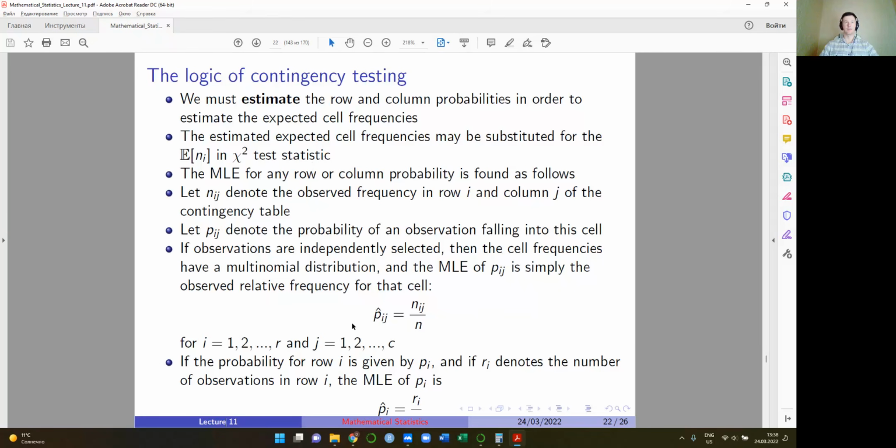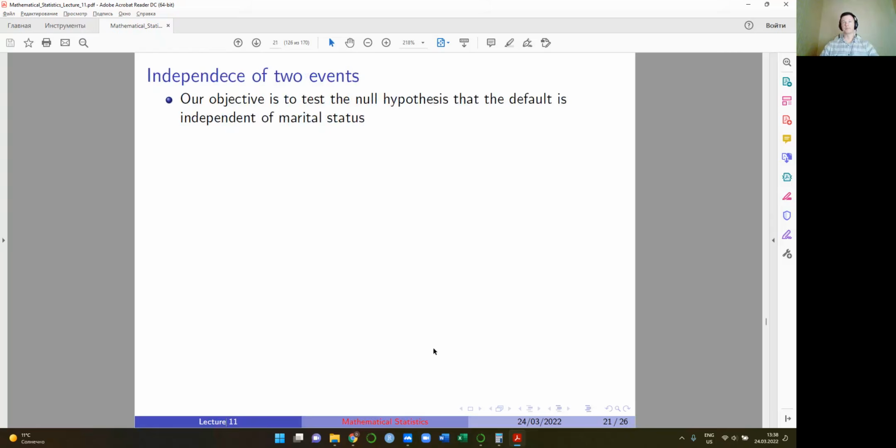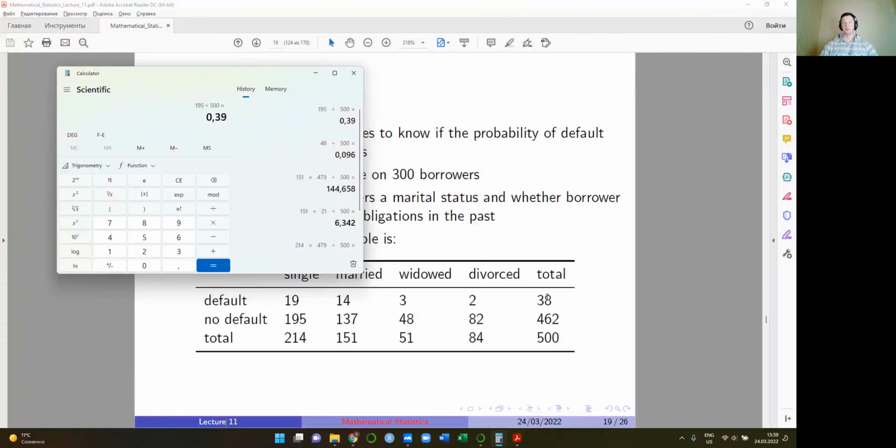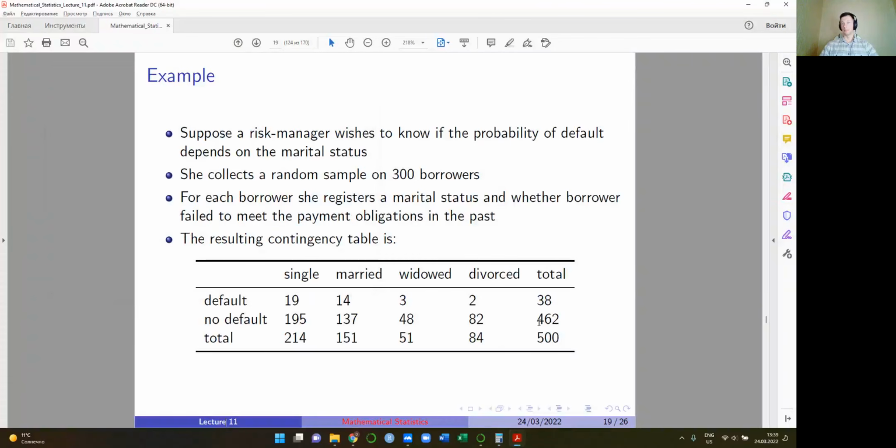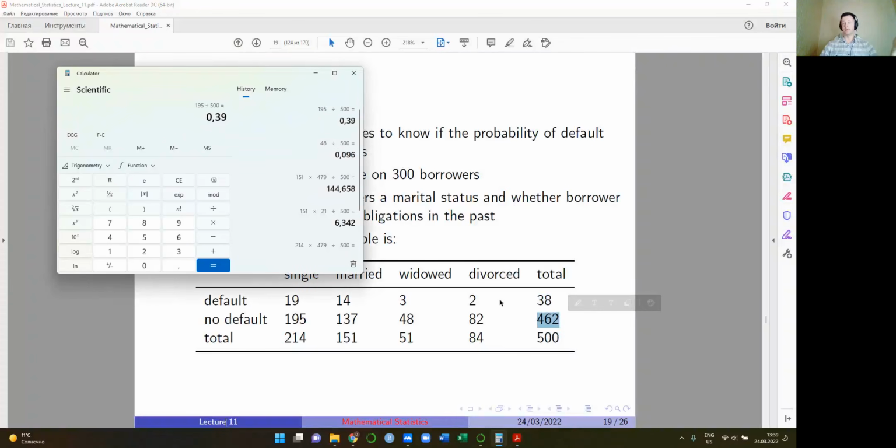If the probability for row i is given by Pi, so it's not Pij, but just row i, and Ri denotes the number of observations on row i, the maximum likelihood estimate of Pi is Ri divided by N. So basically here, if we have two rows, default and not default, what is the estimate of the unconditional probability that the person will default?